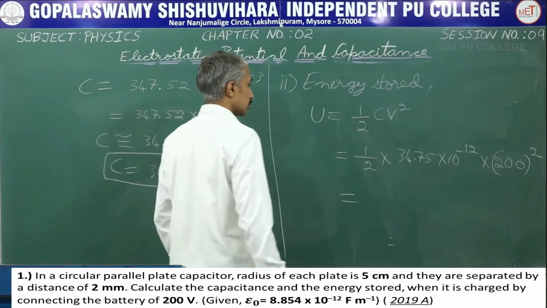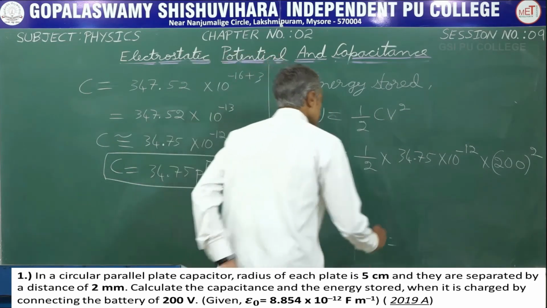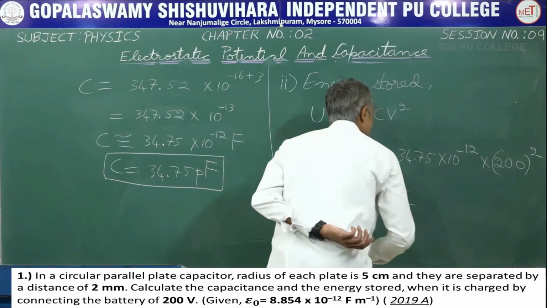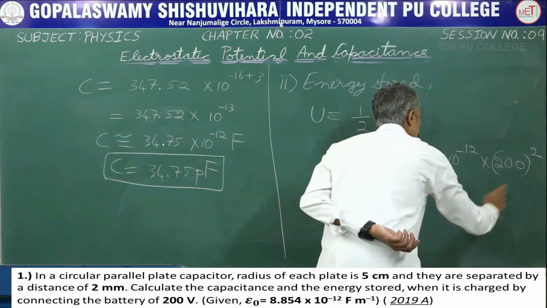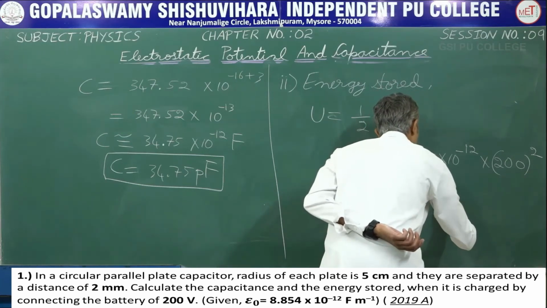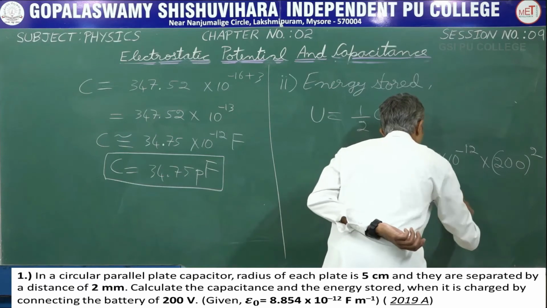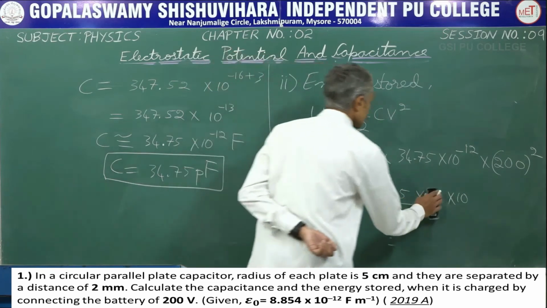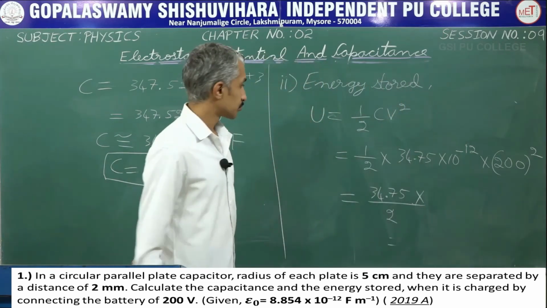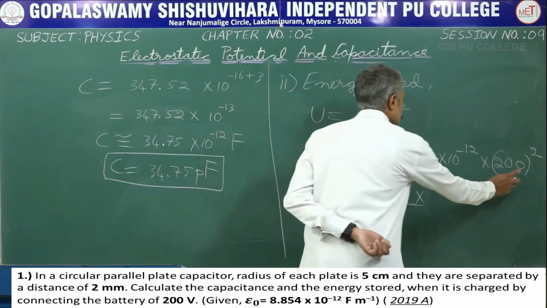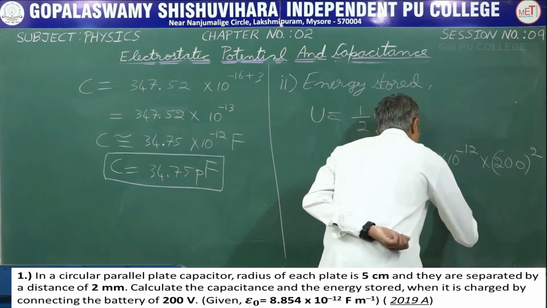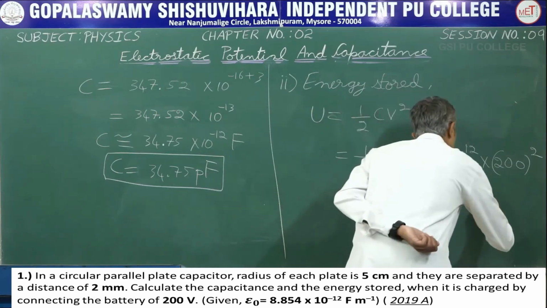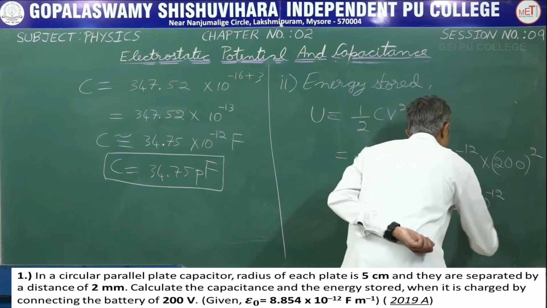So on solving this, what are we going to get? Half into 200 square will give me 4 into 10 to power of 4, and 10 to power of minus 12.